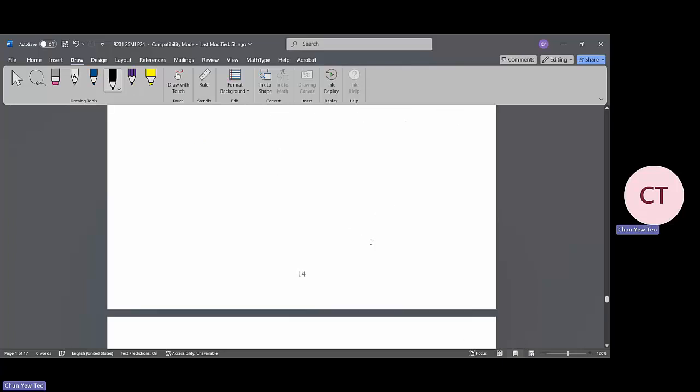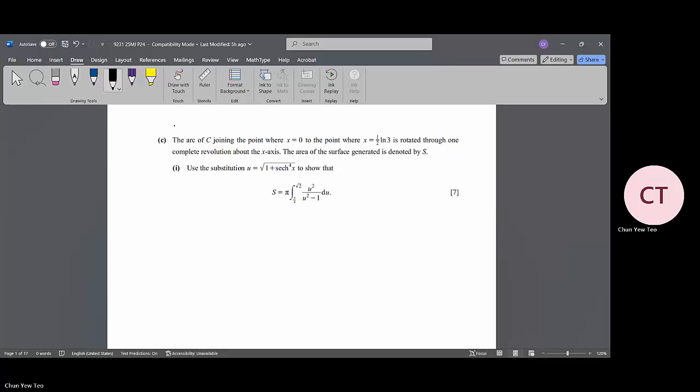Now we move on to the C. The arc C joining the point x equal to 0 and x equal to half ln 3 is rotated through one complete revolution about x. The area of the surface generated is denoted by S. Use a substitution u equal to the square root of 1 plus sec to the power 4 x to show that S can be written in such a form.